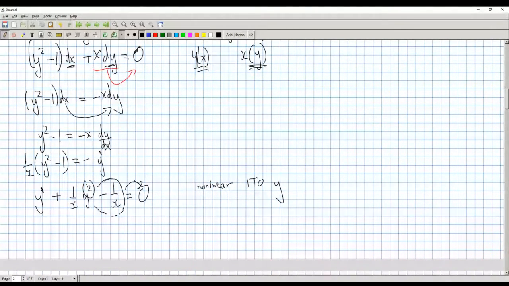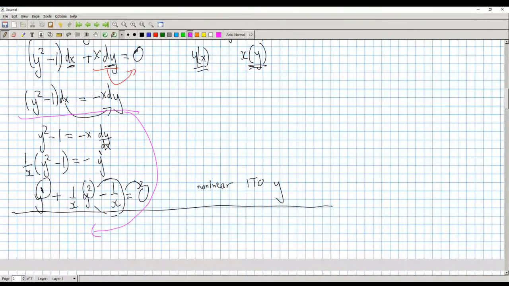So yeah, we can see that it's non-linear and it is of order 1 in terms of y. We aren't done with the question though, because there's the other way of looking at it, which is x as a function of y. So if we're wanting to do that, we can take this section here and work with it over here. So this time, instead of looking at dy by dx, we're going to be looking at dx by dy.